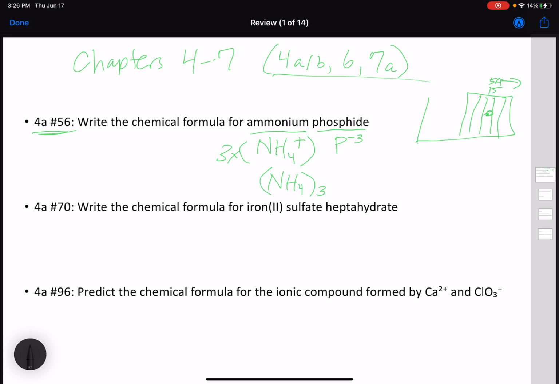And since we want this subscript to apply to the whole ammonium polyatomic ion, we use parentheses to group it together, and then we put our 3 outside of it, and then we just have a single phosphide ion. So the chemical formula for ammonium phosphide is (NH4)3P.